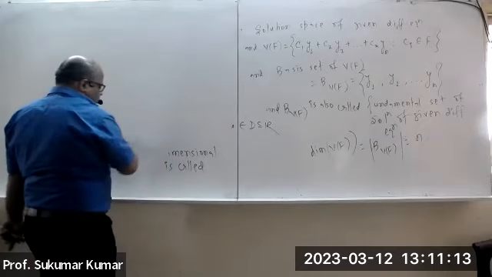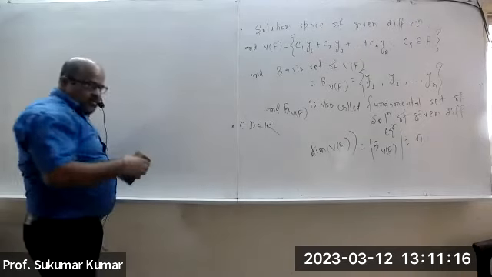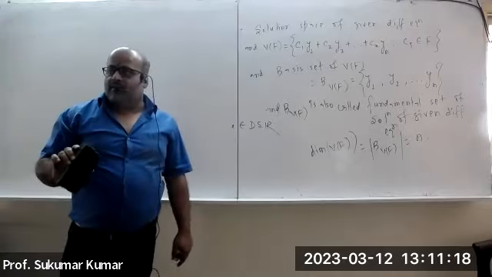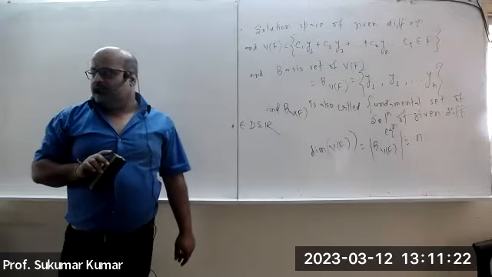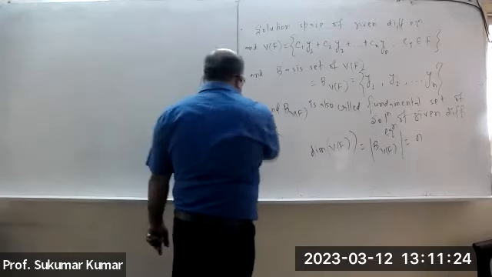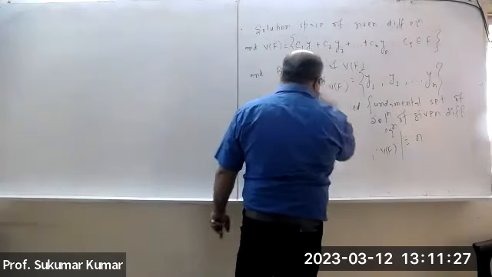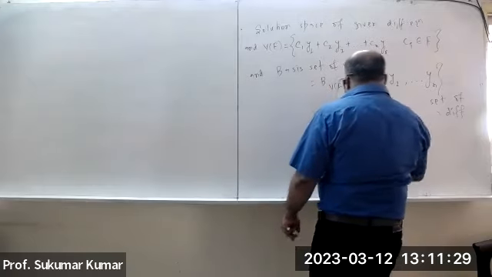These theories are very important, they must come hereafter. Whatever we teach now is very, very important. A question must come from the Wronskian, minimum two questions. So hereafter what we will see is very, very important.